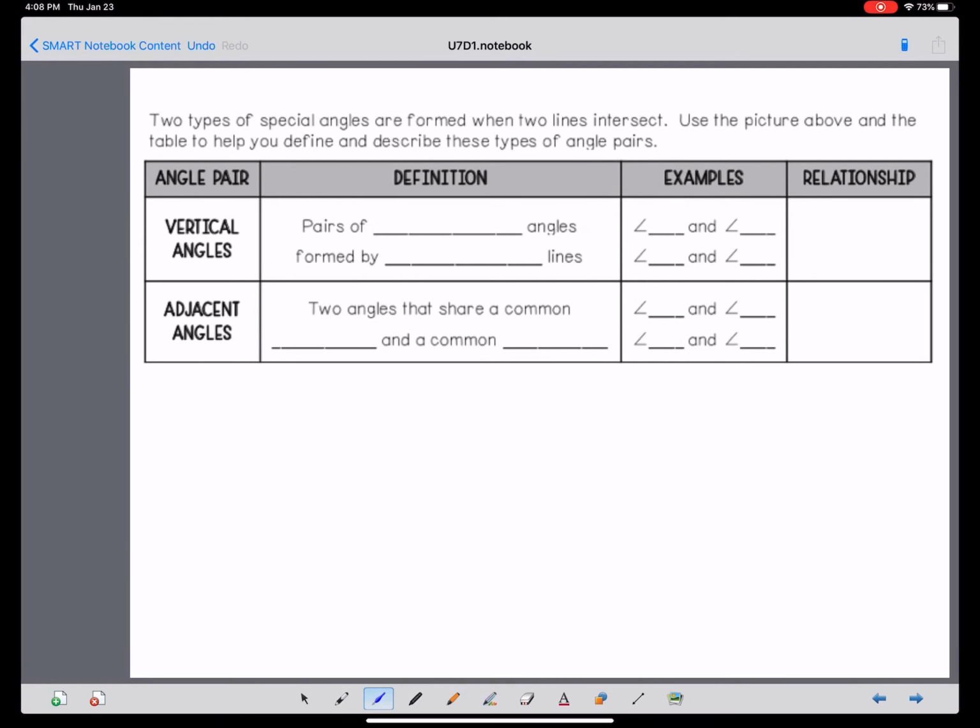All right, so two types of special angles are formed when two lines intersect. Use the picture above and the table to help you define and describe these types of angle pairs. Vertical angles are pairs of opposite angles formed by intersecting lines.